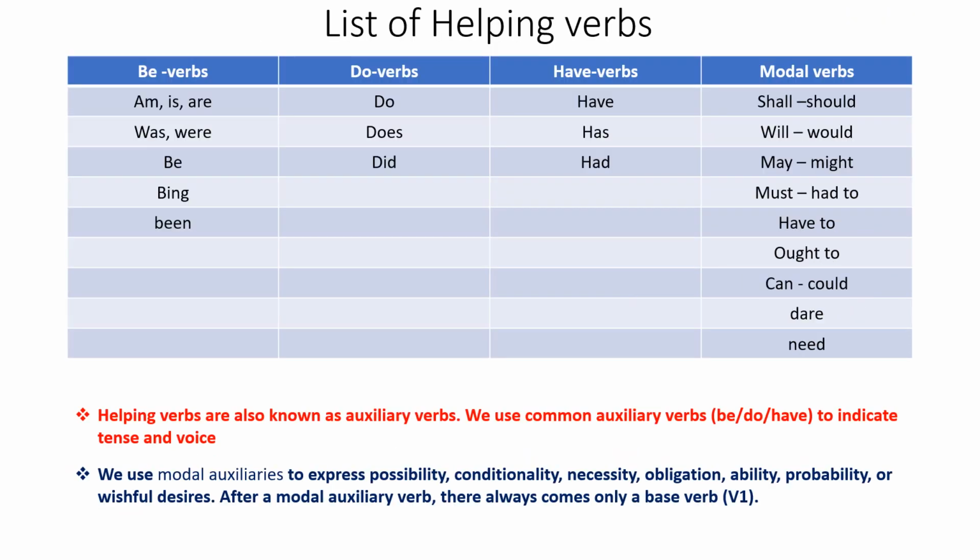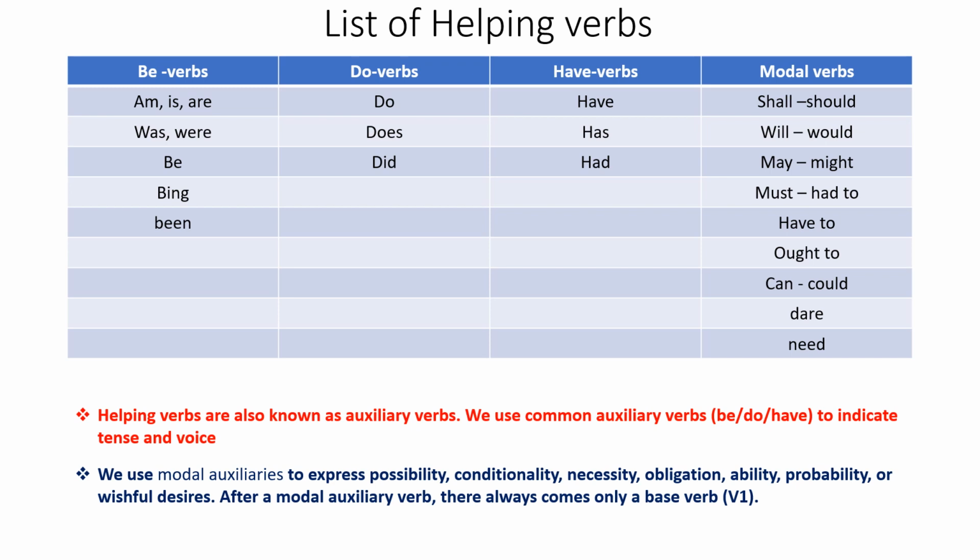And this is the list of helping verbs. We have 4 groups of helping verbs, namely be verbs, do verbs, have verbs, and modal verbs. All these 4 groups of the verbs that you see on the screen function like helping verbs, meaning they appear as helping verbs in sentences.